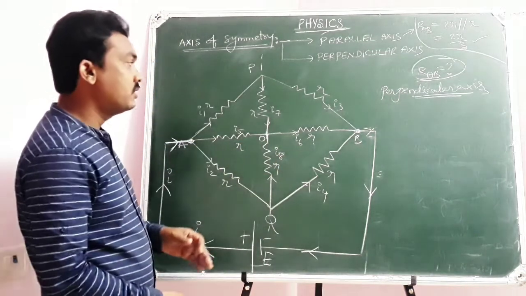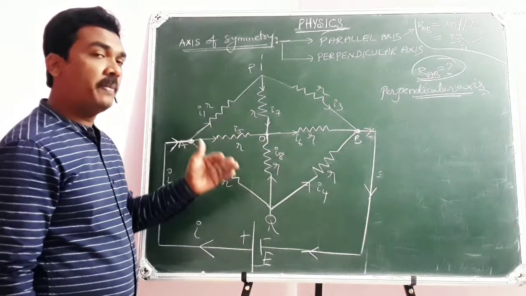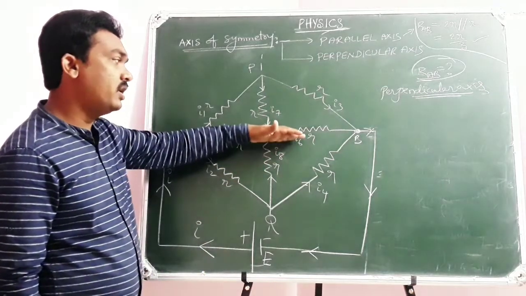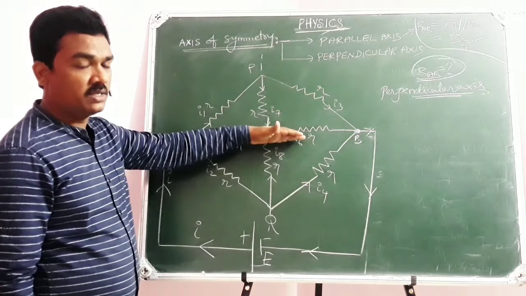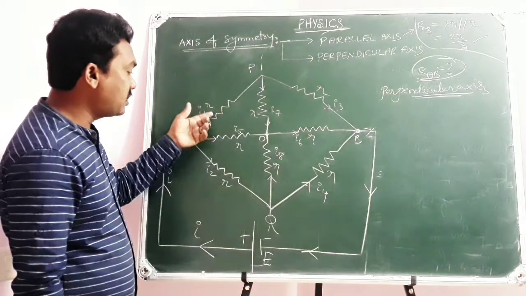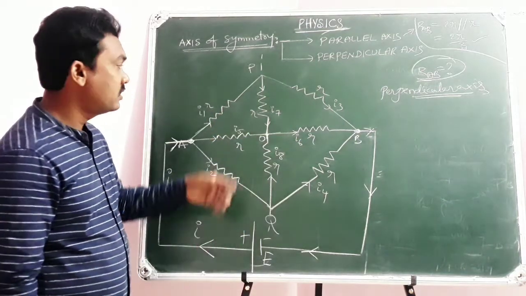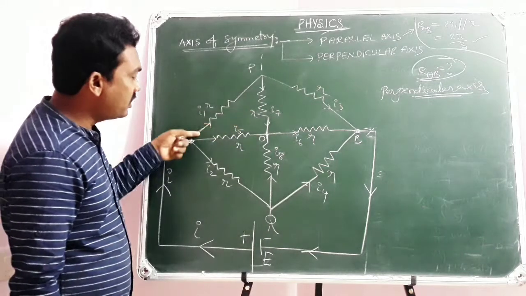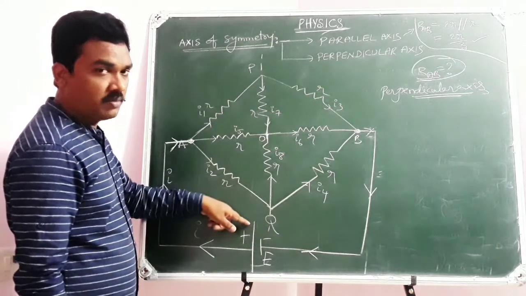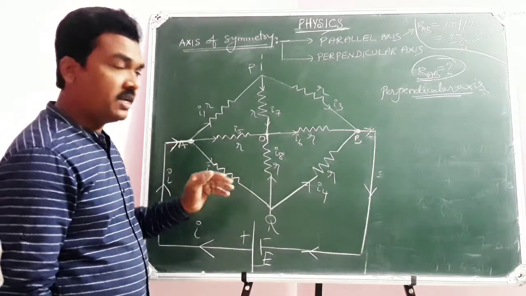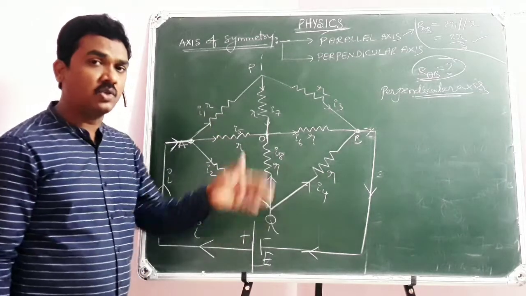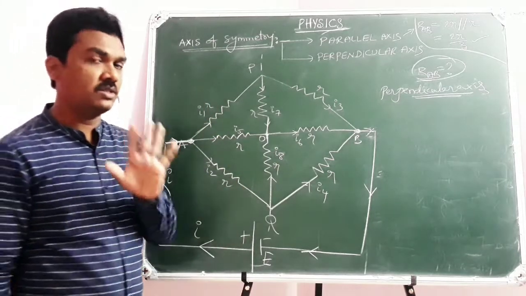In the case of a parallel axis of symmetry, while folding the circuit about AB, the circuit has a mirror image. At the same time, the directions of current also have mirror images, because when you fold this path about the mirror image, they coincide. So according to the parallel axis of symmetry, the directions of currents also have mirror images.